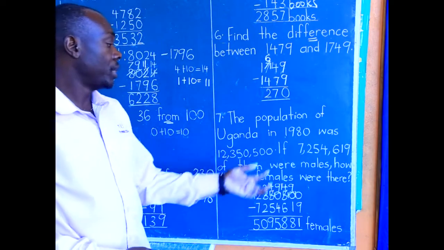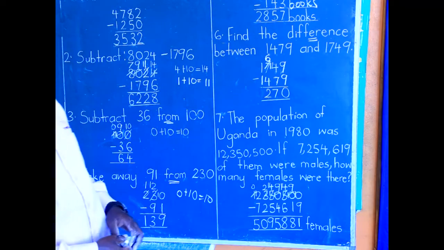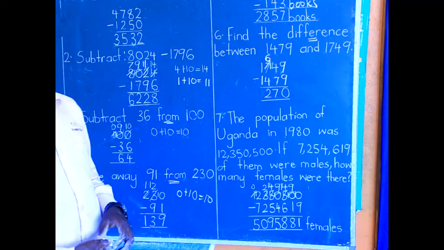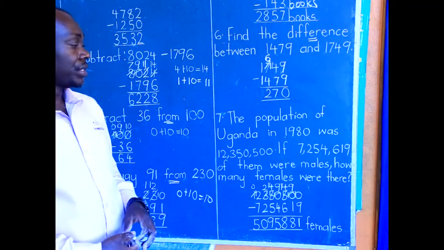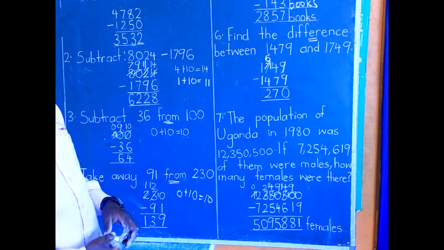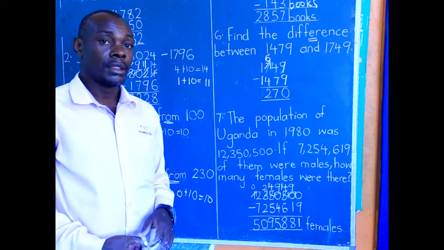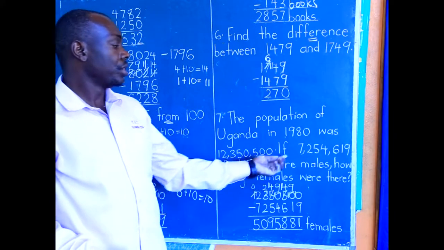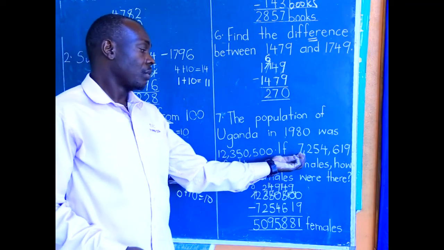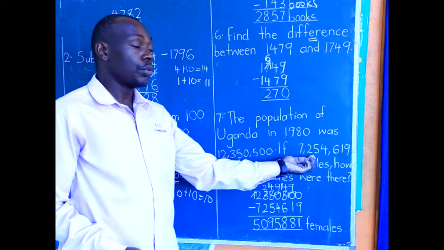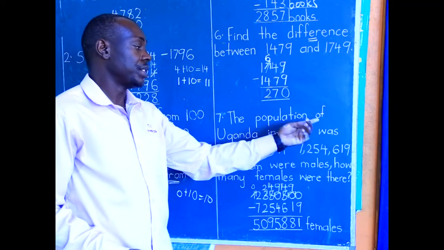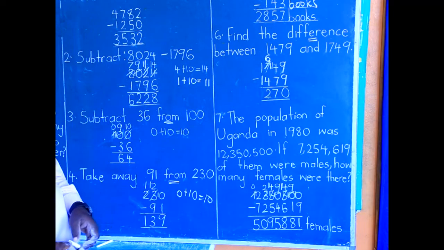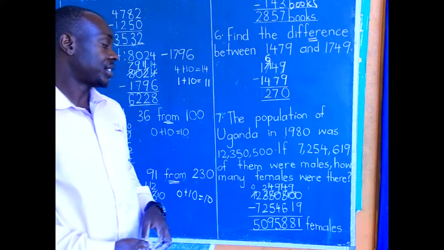Then they are asking for the female population. Remember, among the population, the males are those men and boys, and the females are those girls and women. Now, boys and men combined were 7,254,619. Now they're asking for girls and women that time.